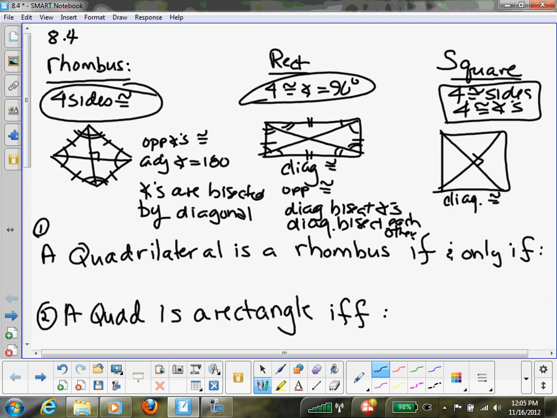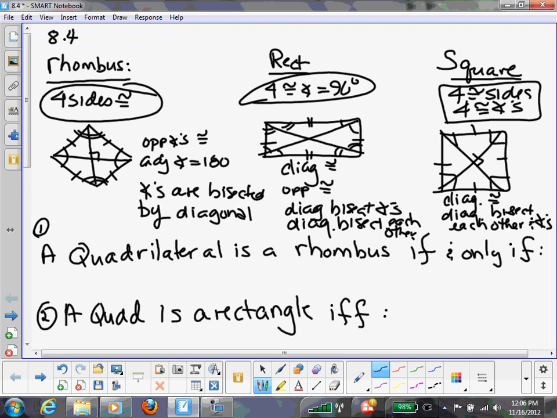And the diagonals bisect each other. And the angles. All right, we know that all the sides are congruent. We know that all the angles are congruent also, correct?